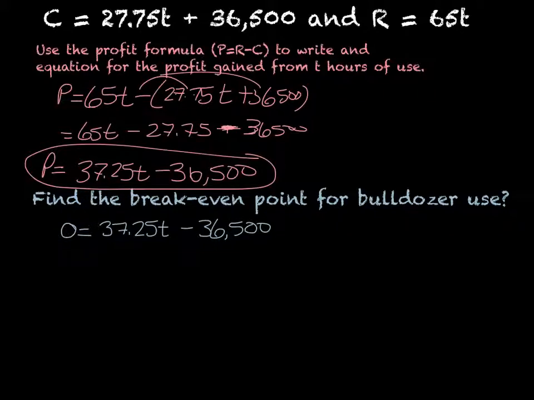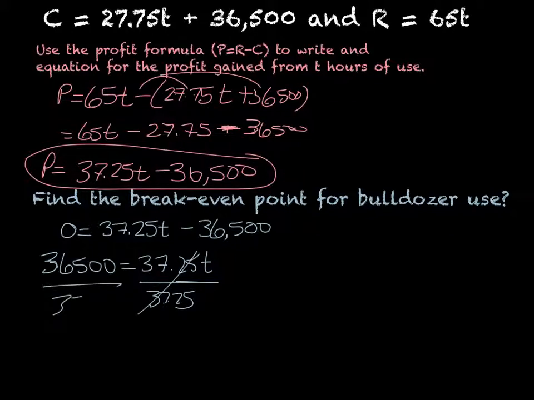So I'm going to add the 36,500. So I have 36,500 equals 37.25t. Then I'm going to divide by 37.25, and I get t is approximately equal to 979.87.